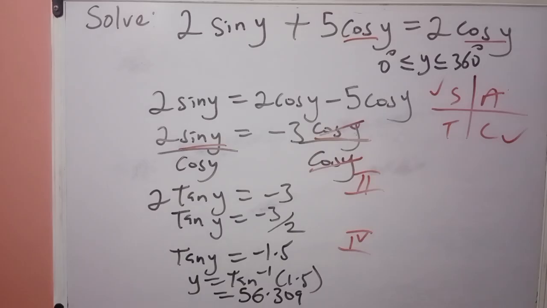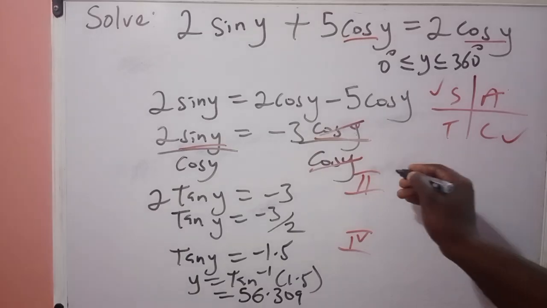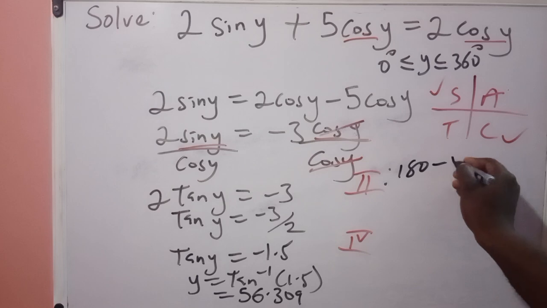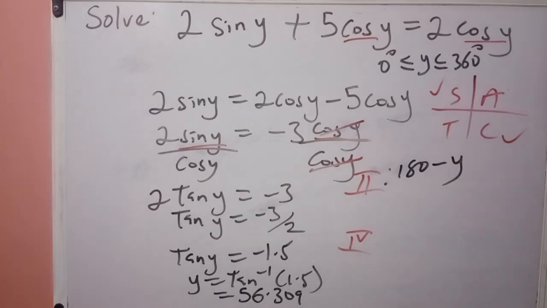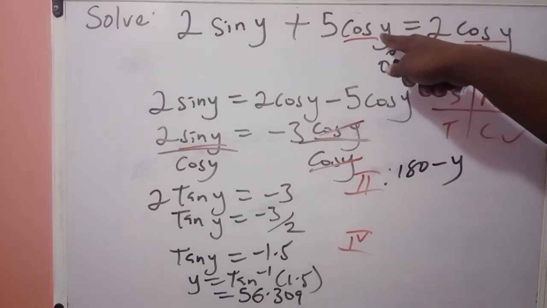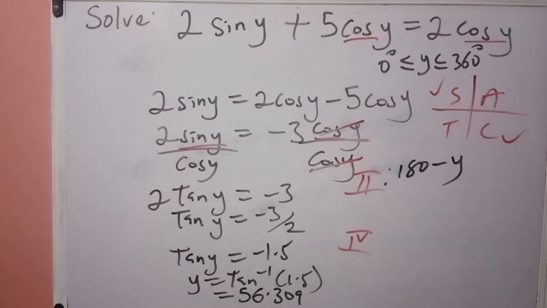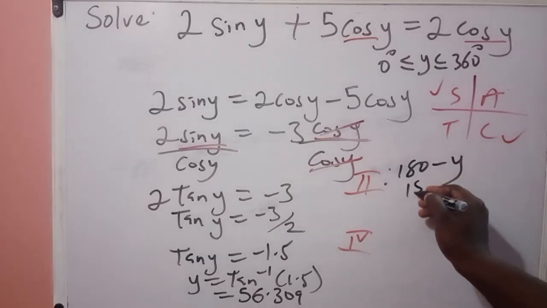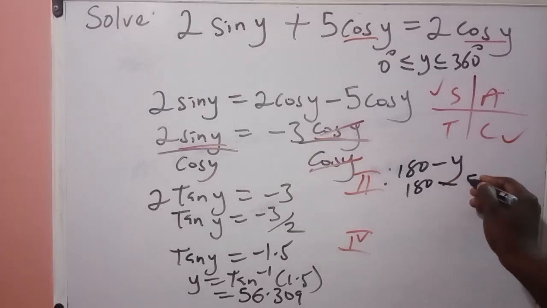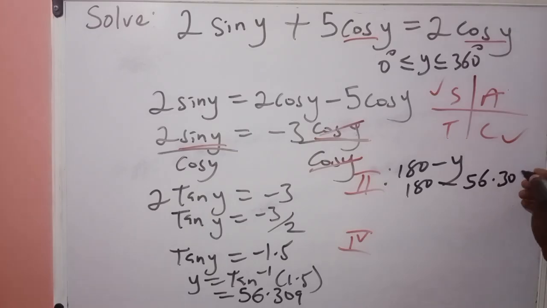The rule in quadrant 2 is 180 minus y. Don't forget, theta, y, x, it all depends on whatever angle you're dealing with. I'm dealing with angle y now, so I'll be using y. So 180 minus y is the angle here. So I'll be having 180 minus 56.309.